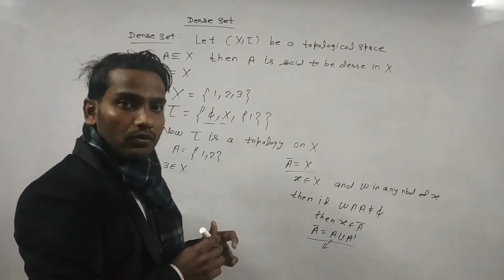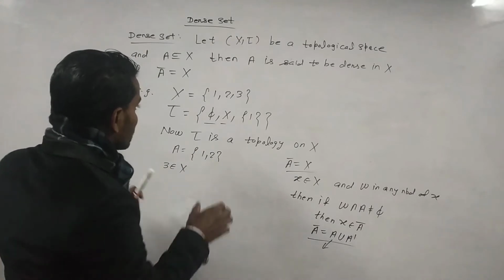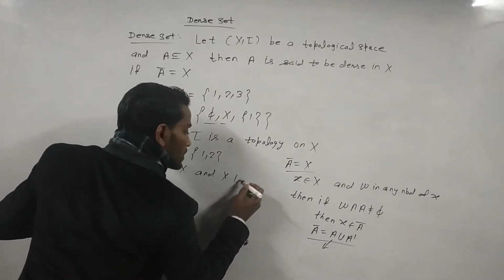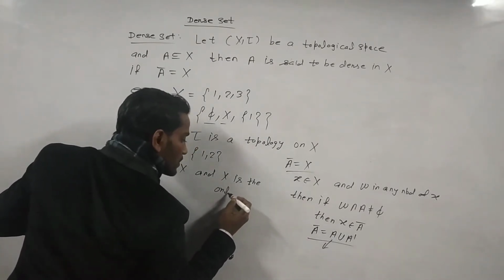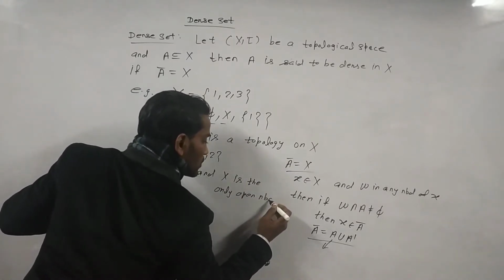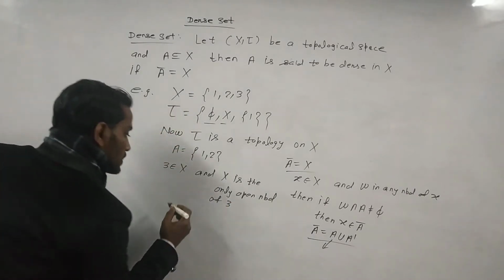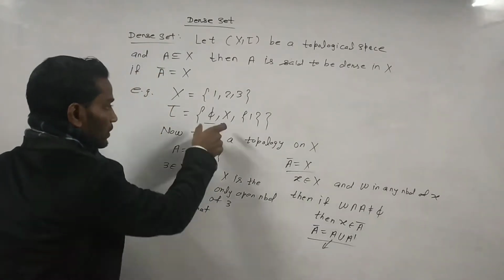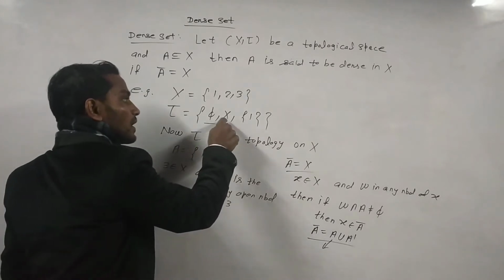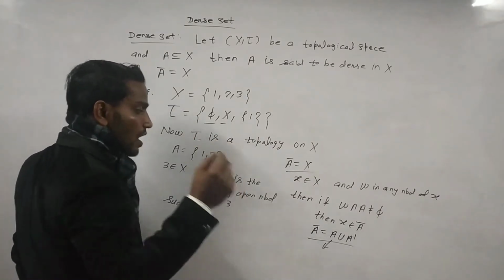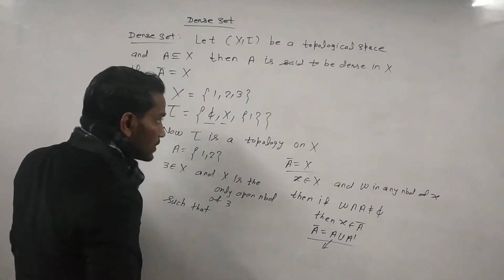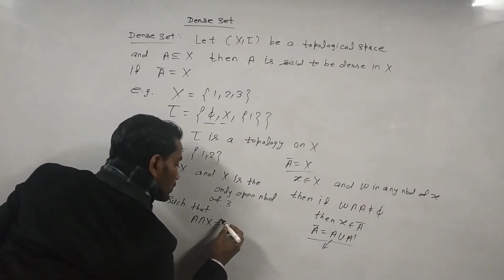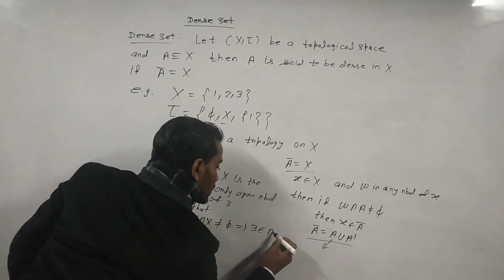If we talk about open neighborhoods, then X is the only open neighborhood of 3. अगर हम टाउ में चेक करें, 3 को कंटेन करने वाली केवल एक ही सेट है आपके पास, वो है X, यानी कि X इज द ओनली ओपन नेबरहुड ऑफ पॉइंट 3, एंड इंटरसेक्शन ऑफ X विद A, A intersection X, नॉन एम्प्टी. This implies 3 belongs to A closure.